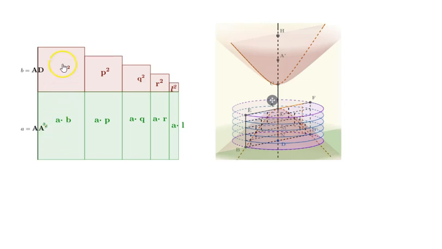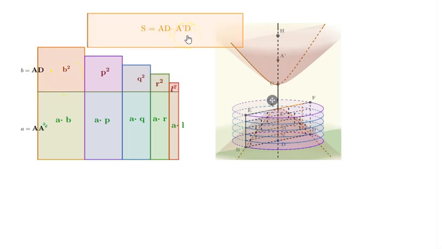So now, if we look at these two figures, we get A times B plus B square, A times P plus P square, A times Q plus Q square, A times R plus R square, and finally A times L plus L square. Now we create a separate rectangle whose area is equal to AB plus B square, or we can say AD times A prime D. Okay, now let's look at the proof part.